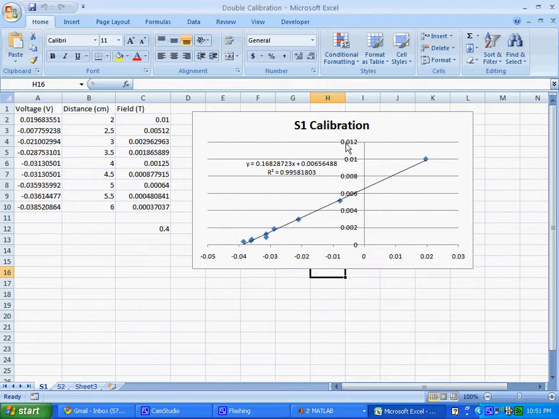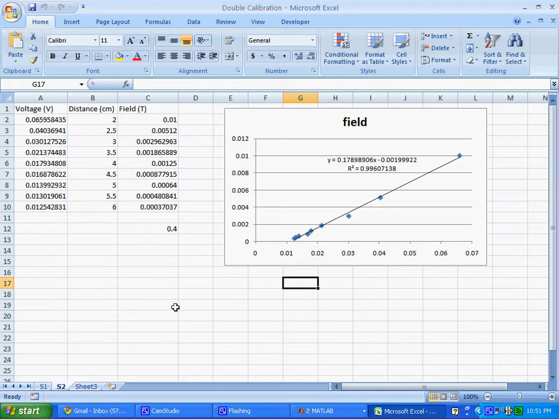To do this, it was a pretty simple calculation. It ended up being linear as expected, so that's excellent. And I just got this equation here, and I did the same thing for the second sensor.